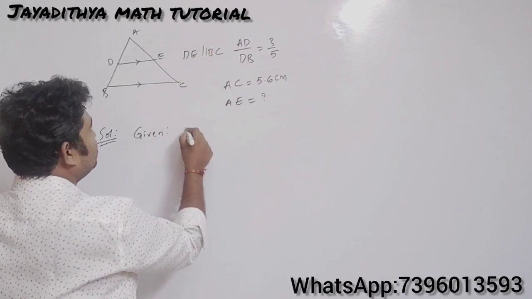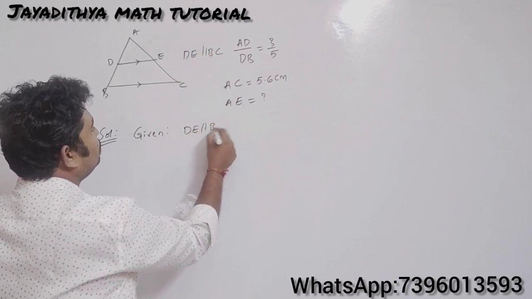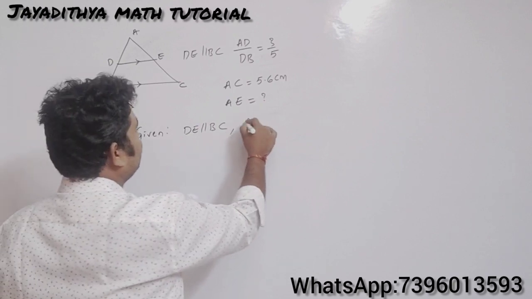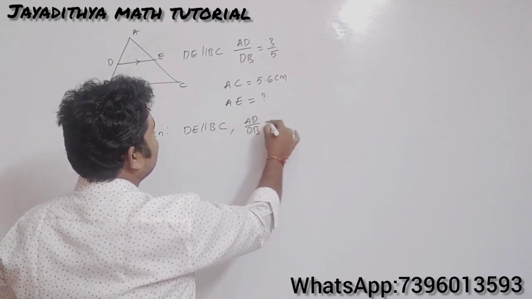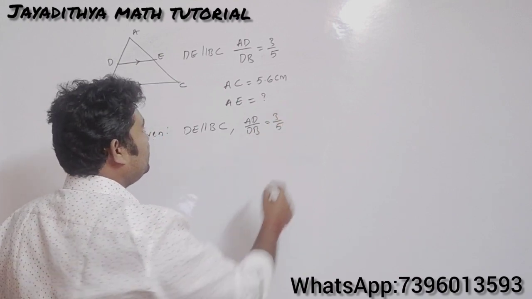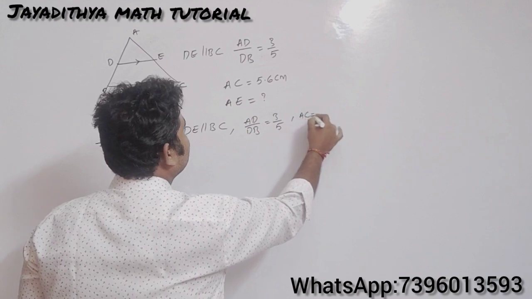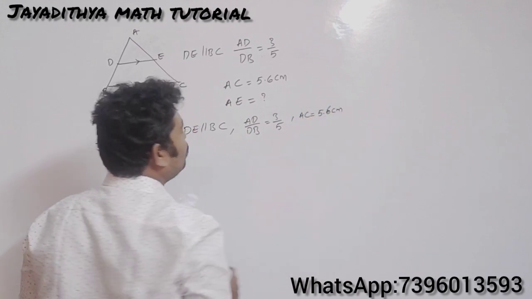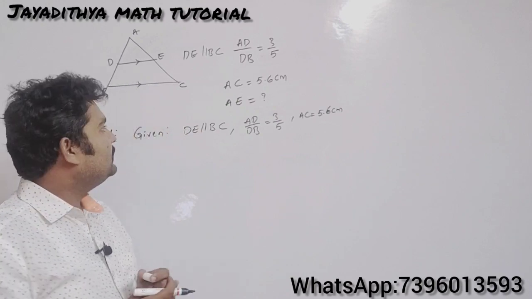This is one piece of information, DE is parallel to BC. Also he has given AD by DB is equals to 3 by 5, and here AC is equals to 5.6 centimeters, and what you need to find here is AE.